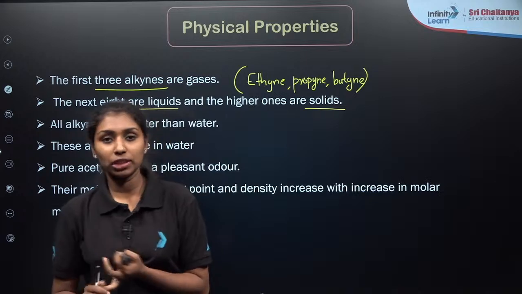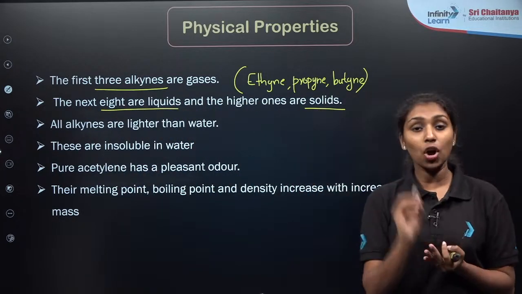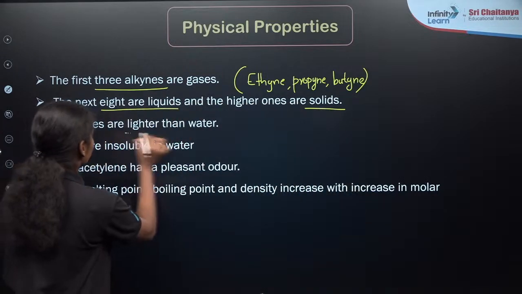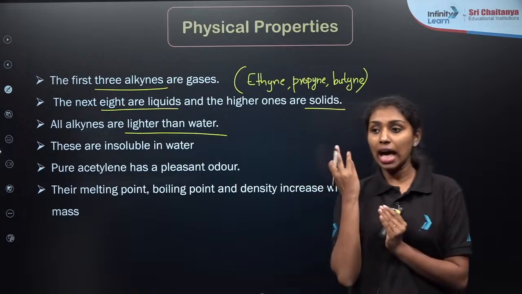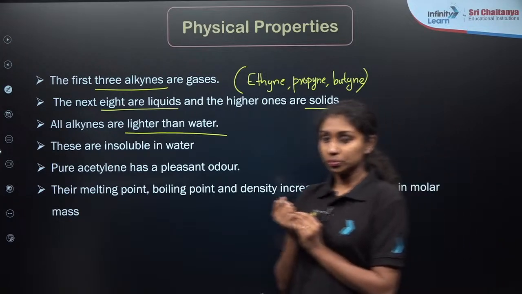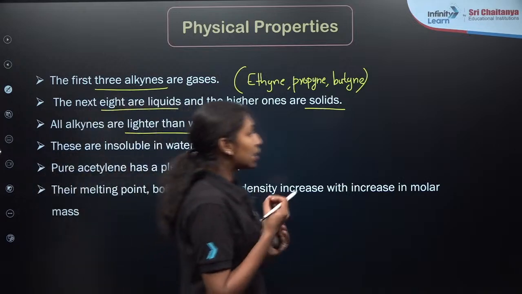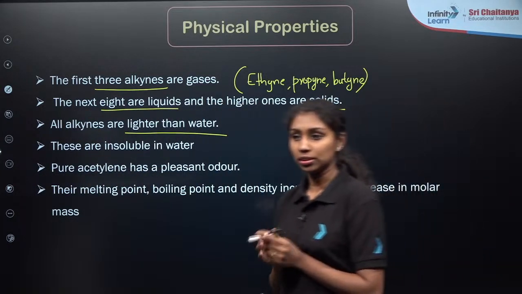Now let us talk about the density of the alkynes. As we are comparing with water, we can say that all the alkynes are lighter than water. Then, if you are trying to dissolve any of the alkynes in water, whether it is dissolving or not?